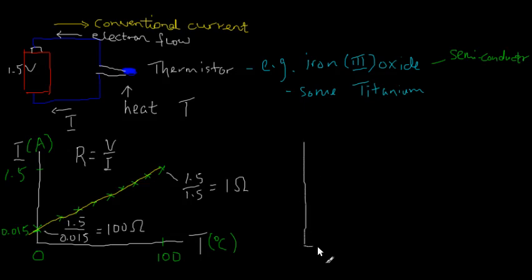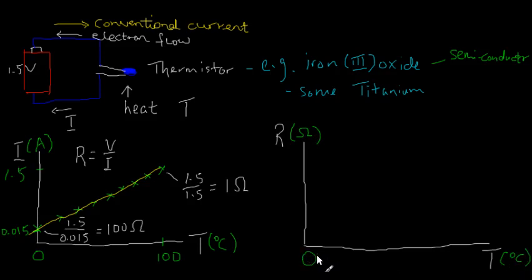So if I want to sketch or plot a graph of the resistance against temperature, let's see what that would look like. The unit of resistance is ohms, and I'm going to use degrees Celsius again for temperature.